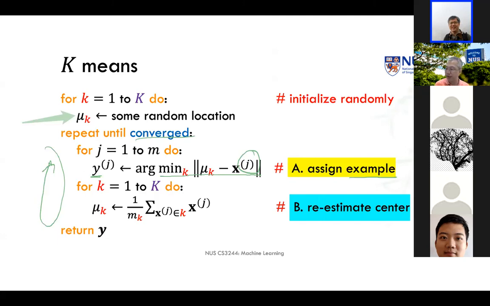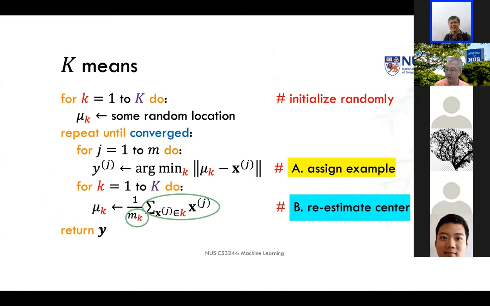Once I've done that, I have to do the re-estimation of the center. The center is basically very simple to calculate. I have all of the points that I have decided over here, and then I'm just going to sum them all together and decide a new position for it by dividing through. That's going to build the next position that I'm going to look at.